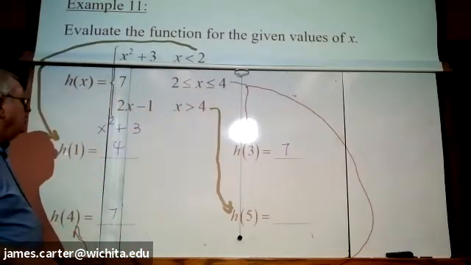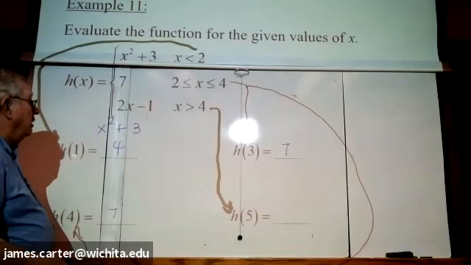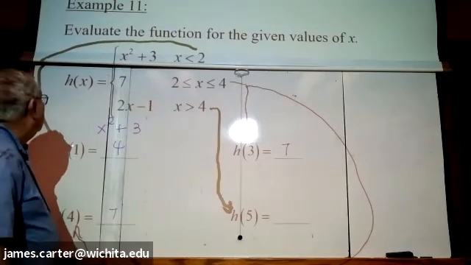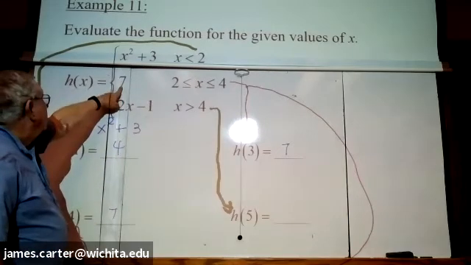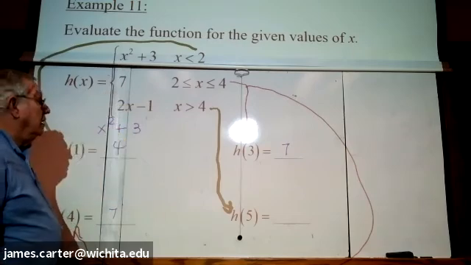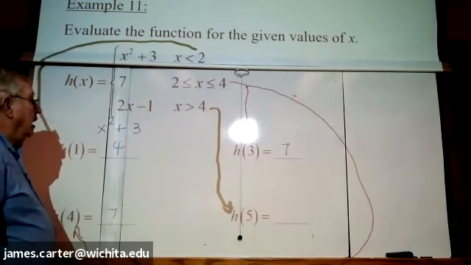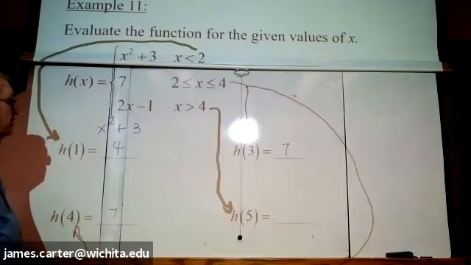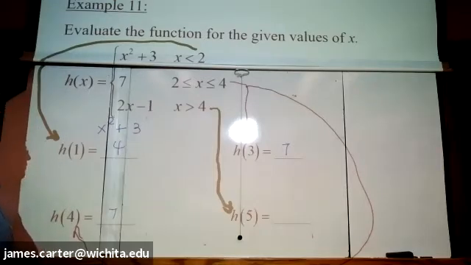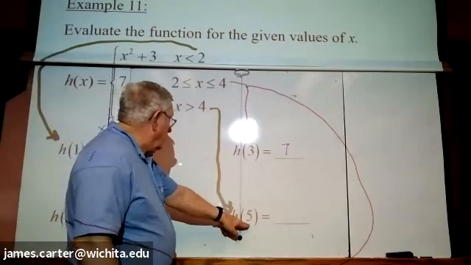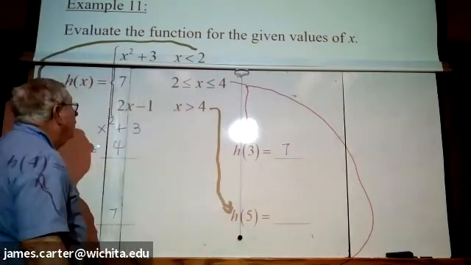So in this case, we would have the point 7, and that would give us that line. So if x is 3, y is 7. If x is 4, y is 7. If x is 6, y is 7. In other words, that's a horizontal line. Okay, what about h of 5?